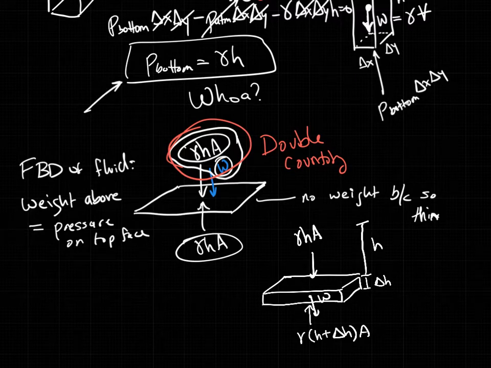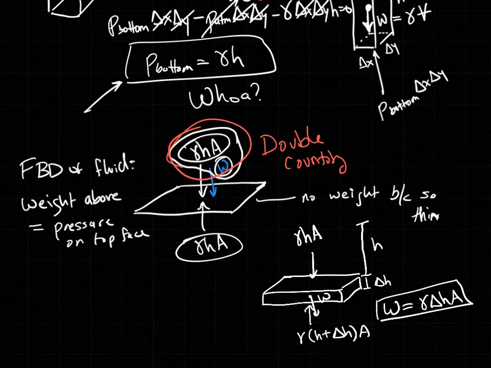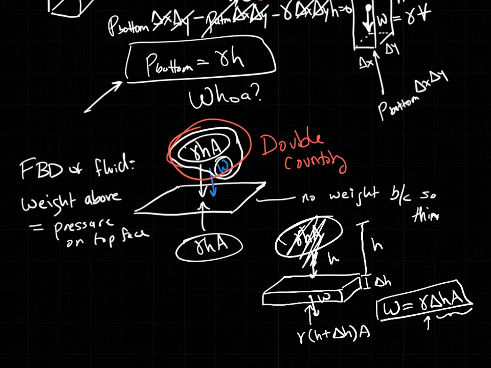If you solve this, the weight is going to be gamma delta H A, which of course makes sense. This is gamma times the volume. If you solve this free body diagram, just keep in mind that up here, it either has to be the pressure as I've done it, or the weight of this fluid, which ultimately is gamma times the volume, H times A. So it's one or the other, and they end up being the same.